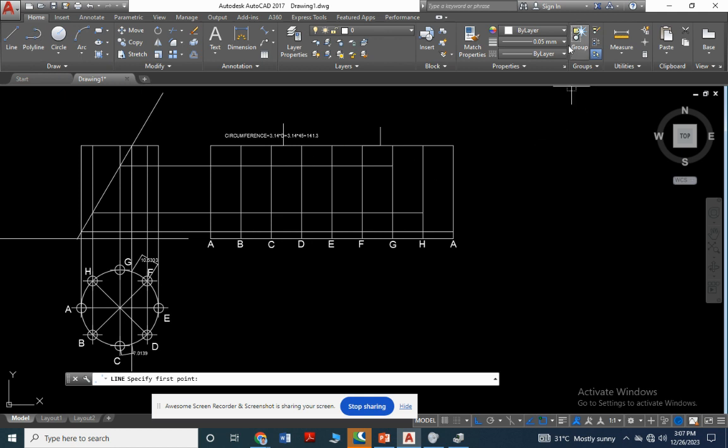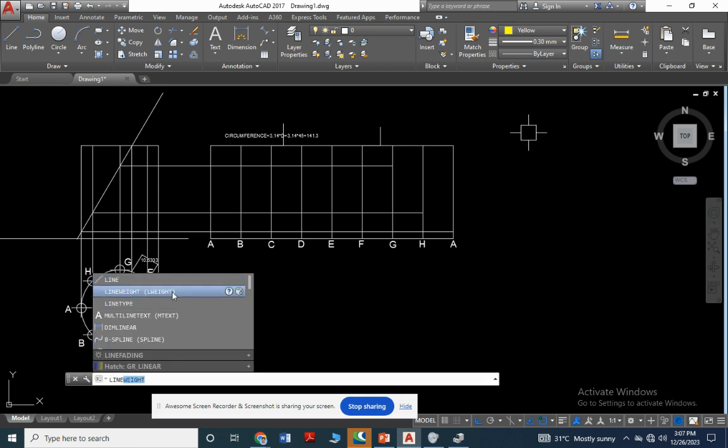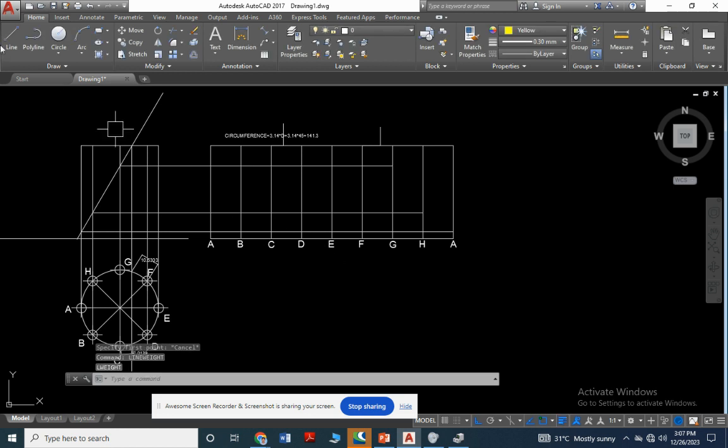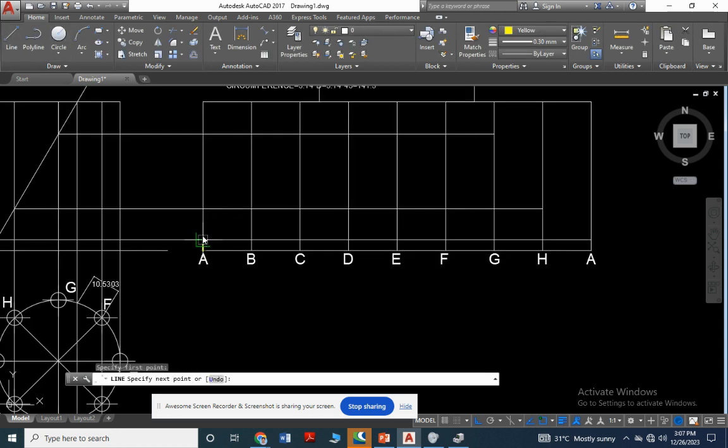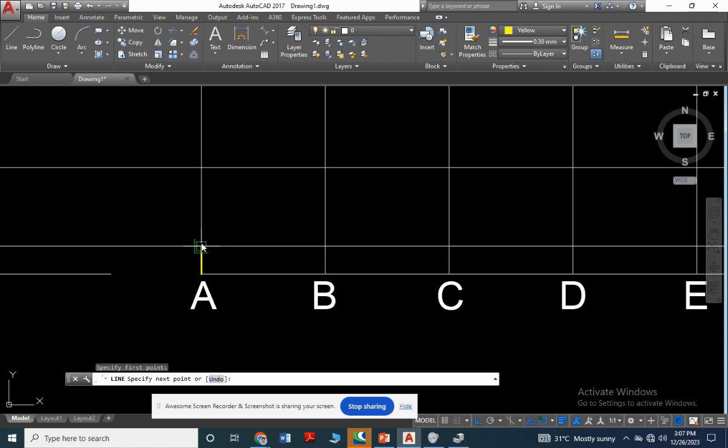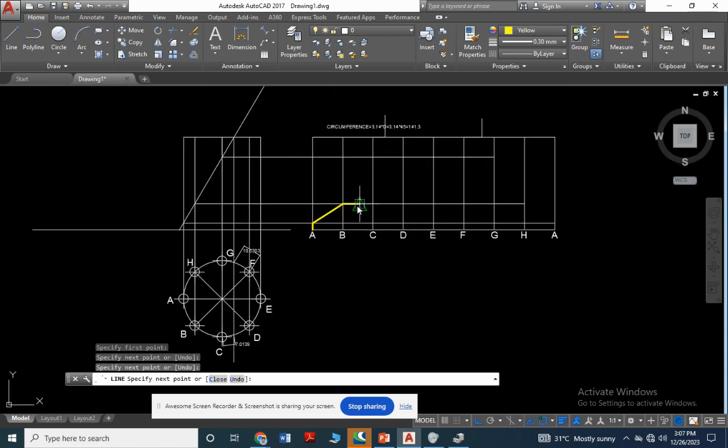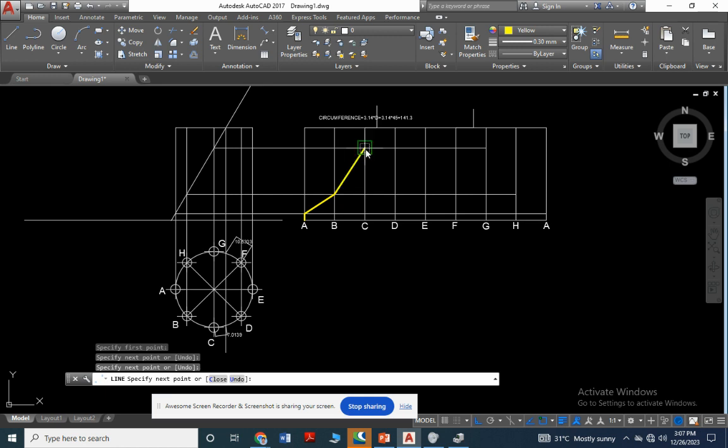Okay, now joining the lines, line weight. Okay, line weight on, display line weight. Now A, B, C, C to D, remaining portion, C to D, and D to E, no problem. E to F, no problem.